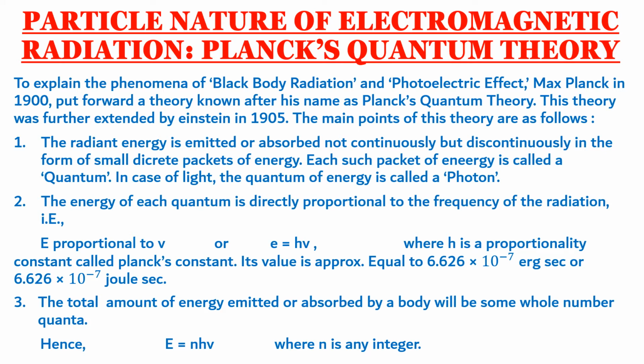Now the third one is the total amount of energy emitted or absorbed by a body will be some whole number of quanta. That is, E equals n h nu, where n is any integer 1, 2, 3, and E is the energy of each quantum, and h is Planck's constant and nu is the frequency of radiation.